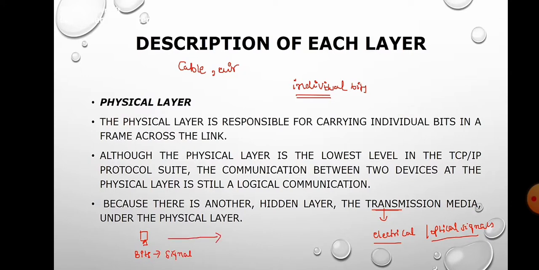The signal will be transmitted through the transmission medium. At the receiver side, once again, we need to get back our original data. That means electrical or optical signals need to be converted into bits to get back our original data.